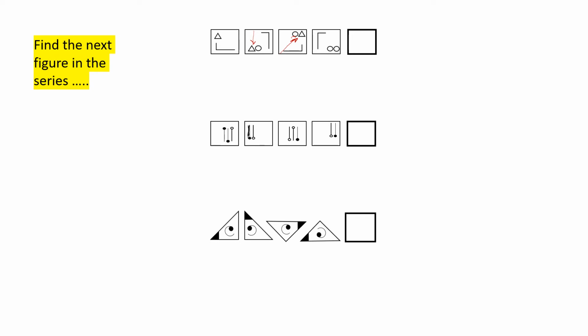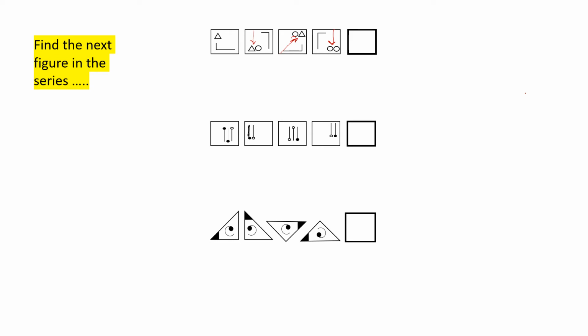So the triangle moves to the rightmost. And then from the third to the fourth, it again drops. Anytime it drops, it changes the set of figures, from circle and triangle to two circles.